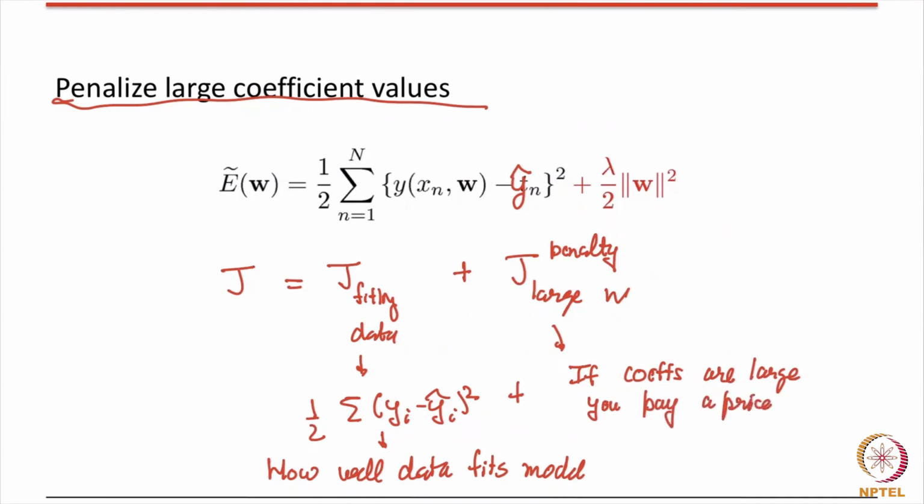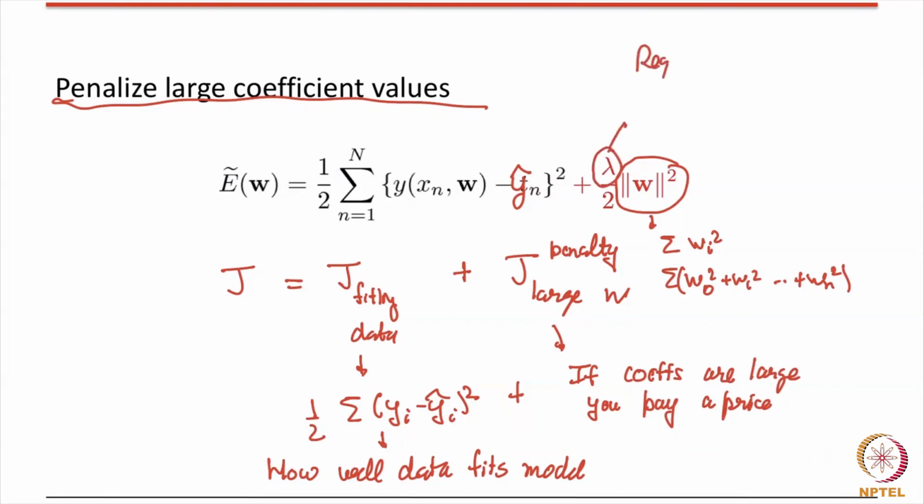And that price is given by a very simple term. This I have told you earlier too. This simply means sigma of Wi square. For example, you can have W0 square plus W1 square up till Wn square. So as many coefficients as there are, you just add these costs and you multiply by a factor up front.